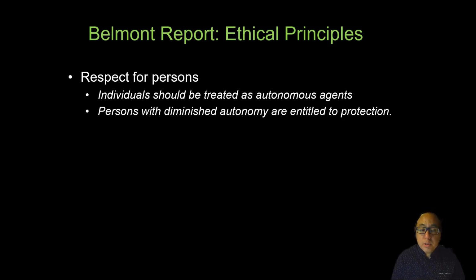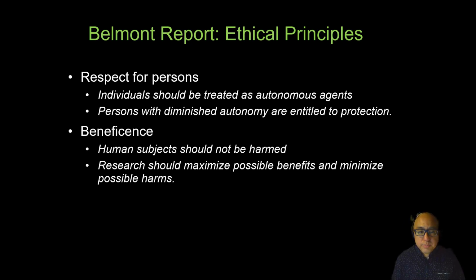It also means that persons with diminished autonomy are entitled to protection. These are potentially patients with mental health issues, or children who may not have the capacity to make their own decisions.